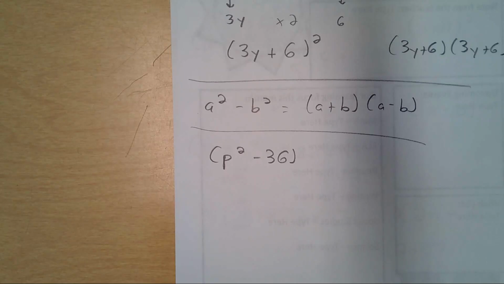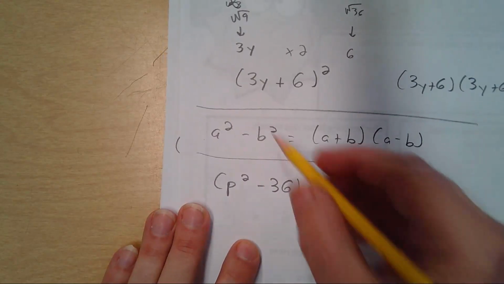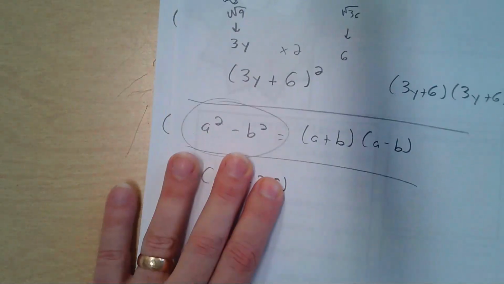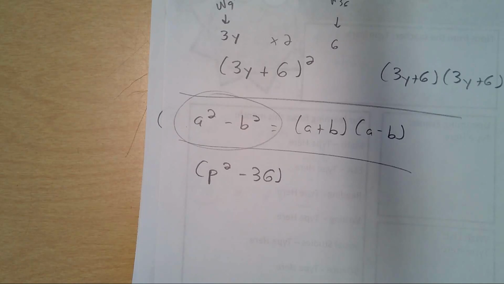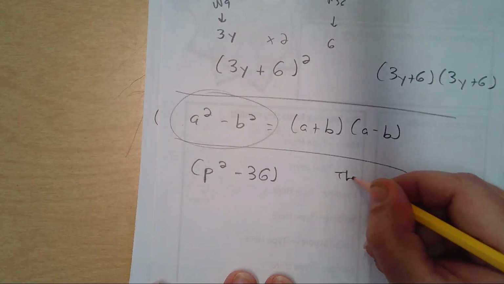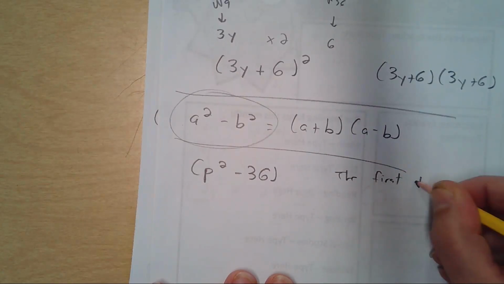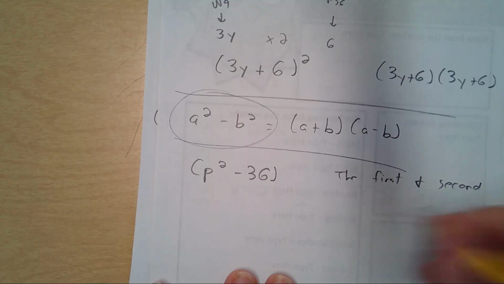So for these, first off, you need to pay attention here. It must be of this form here: a squared minus b squared. And once again, we can go through and just take square roots of all these. For this to work here, the first and second terms need to be perfect squares.